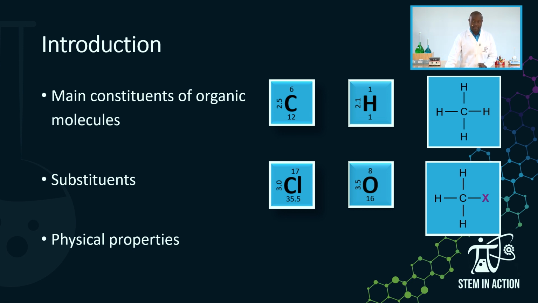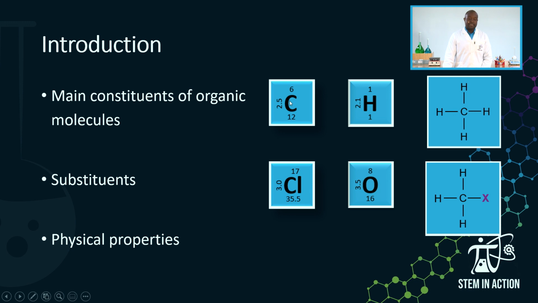The physical properties of organic compounds are based on these factors which we are going to look at. If we look firstly at the images that have started showing up, we notice that for carbon we have our atomic number, which is 6, and our mass number, which is 12, and most relevantly, the electronegativity value, or electron affinity value, which is 2.5.